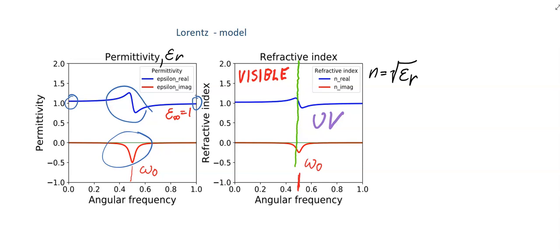Therefore, as a crude rule of thumb, the refractive index is increasing towards the ultraviolet range, and its loss is increasing simultaneously.